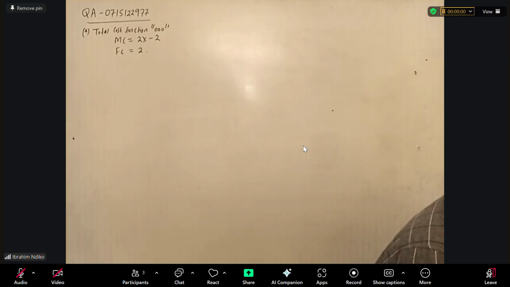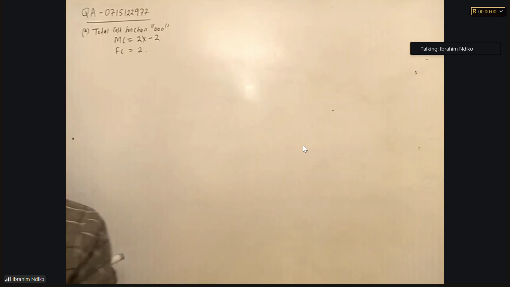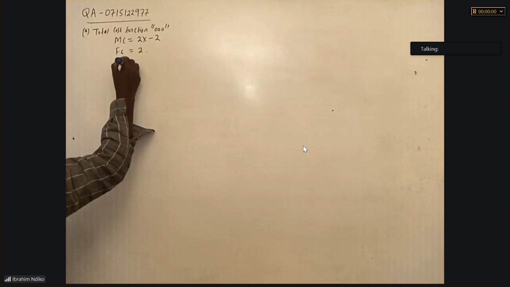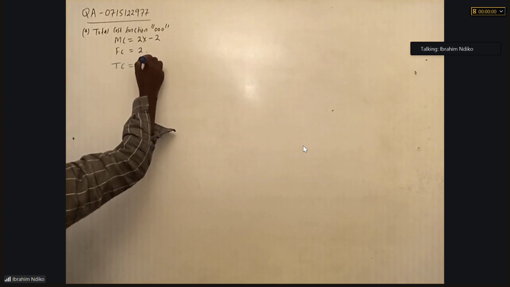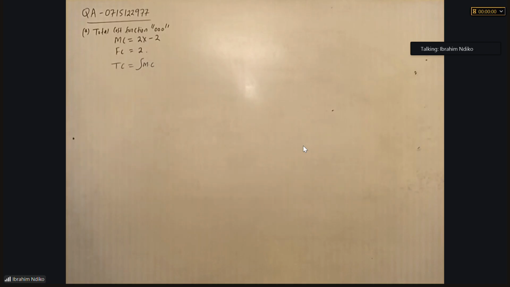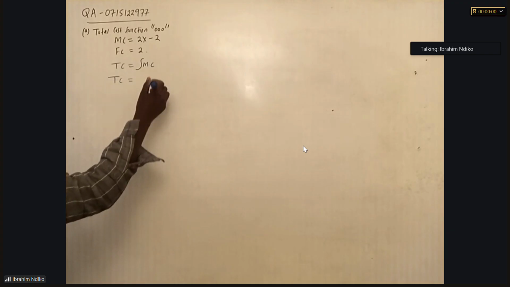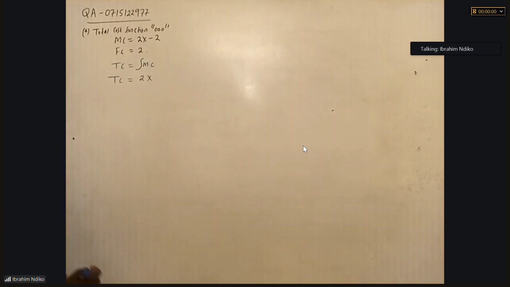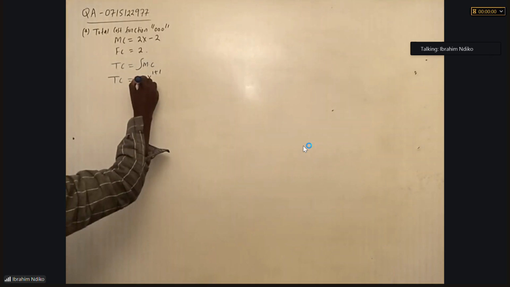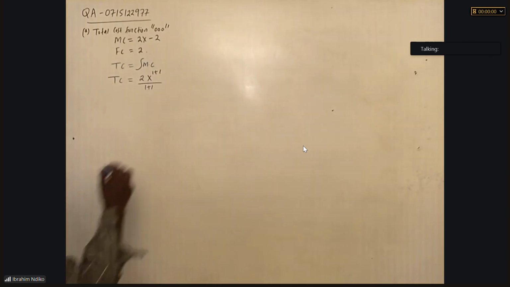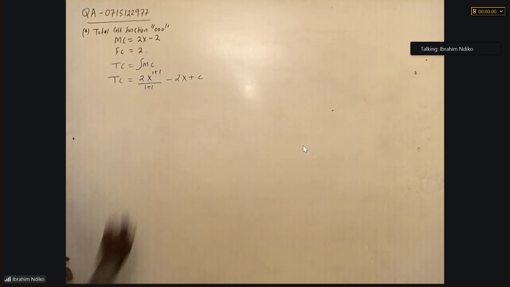So let us come up with the function. So total cost, we are supposed to integrate the marginal cost function so that our total cost will be equal to 2x. So when we integrate, we are supposed to add power, then we divide by the total power, 1 plus 1, 2, minus 2 we add x, then plus c.